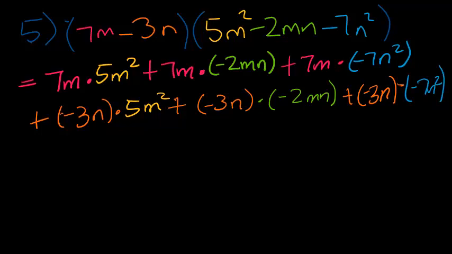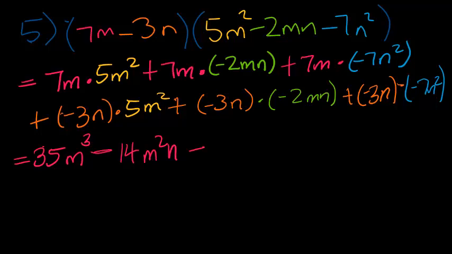So now I'm going to do my pink numbers. So 7 times 5 is 35m cubed. Plus times minus is minus, plus times minus is minus, 7 times 2 is 14m squared n.